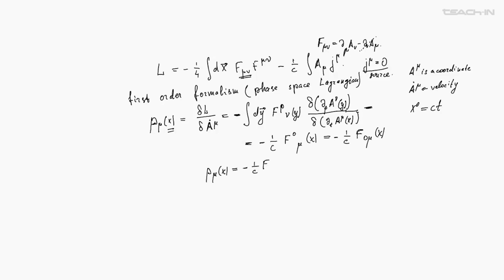Any questions here? Is it clear how I have computed the canonical momentum? Yes. What metric signature do we have? The signature is plus, minus, minus, minus. The others are minuses.